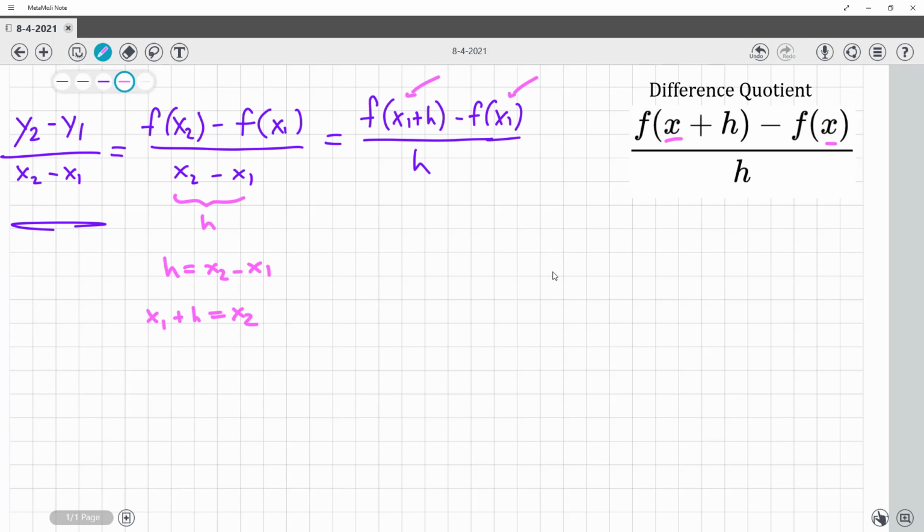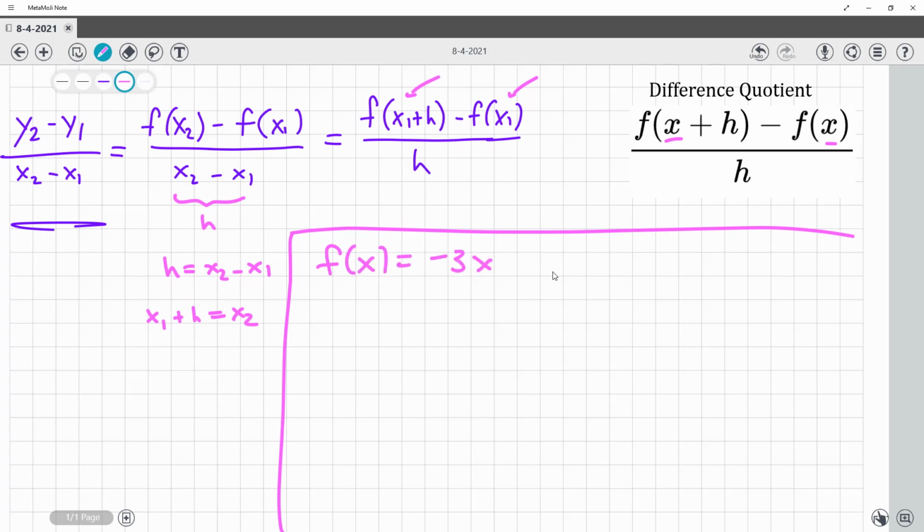And so now you're going to learn to use this difference quotient. So let's say that they give you f of x equals negative 3x plus 10, and to plug it into the difference quotient. So the difference quotient says where you see an x in the formula, put x plus h.